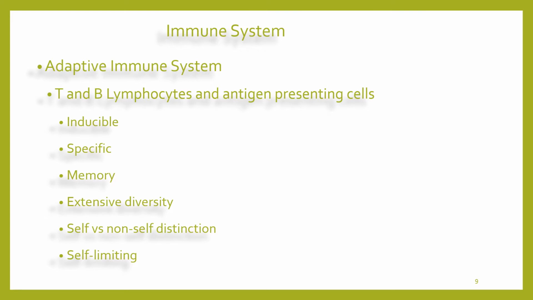It is very specific. It doesn't react to anything. You need a certain antigen for it to be stimulated. And it does have a memory. It can remember, and it has extensive diversity.